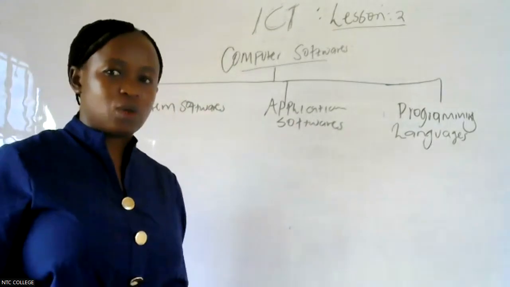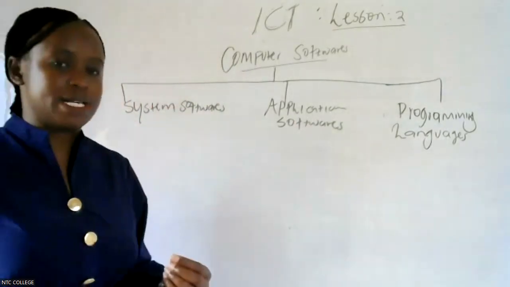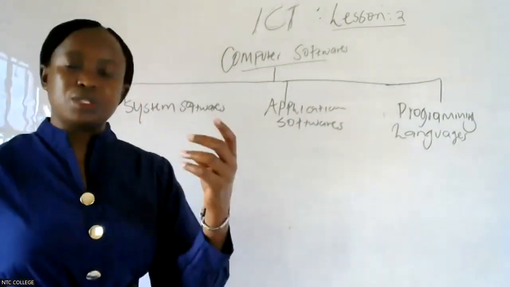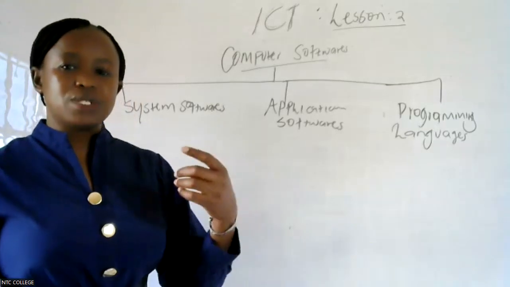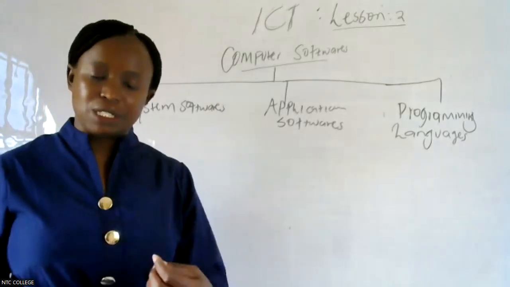Before I venture into so much detail, let's crack it in a nutshell, where we can understand what we need to conceptualize about softwares. Because we can be using this word softwares, we will use programs, we will use application systems, we will use the term application packages.